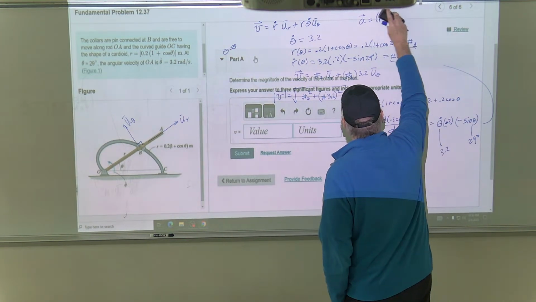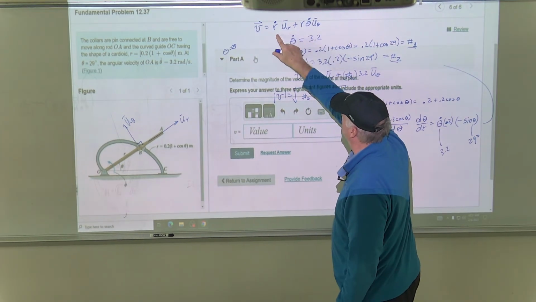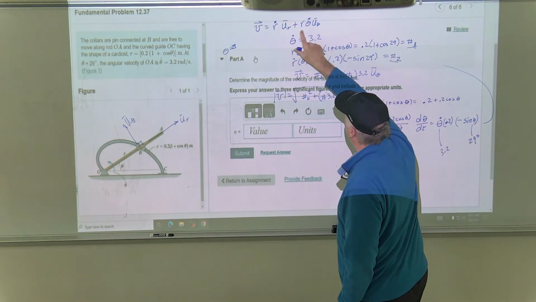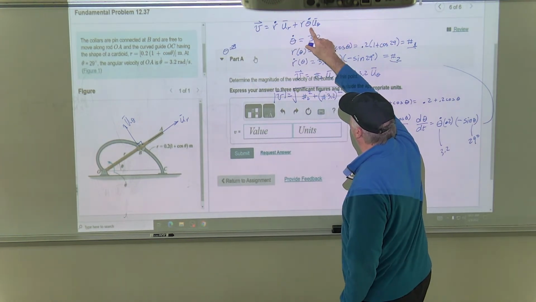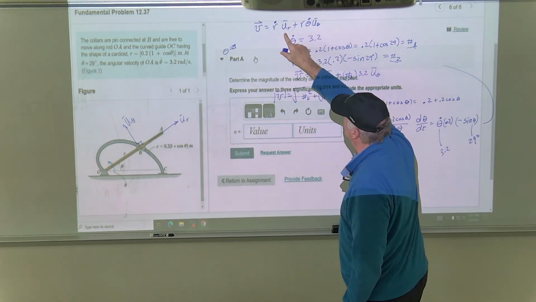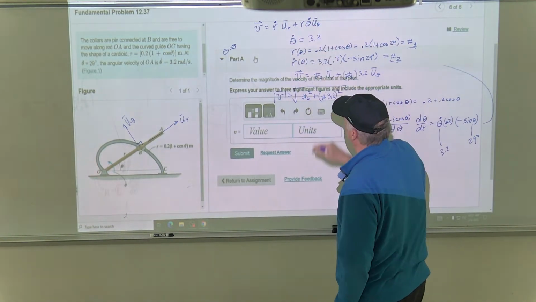If you wanted me to, I can go through how you get all that, but there's a UR that comes out of the derivative of the U theta, which is R theta dot squared times UR, and then there's a U theta that comes out of the derivative of that term, which ends up over in here.